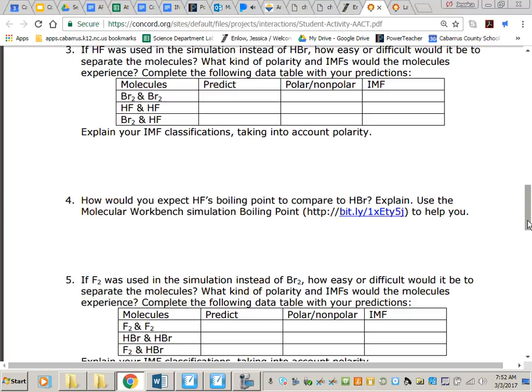We have fluorine and bromine in the same group, and each one has a different attraction.